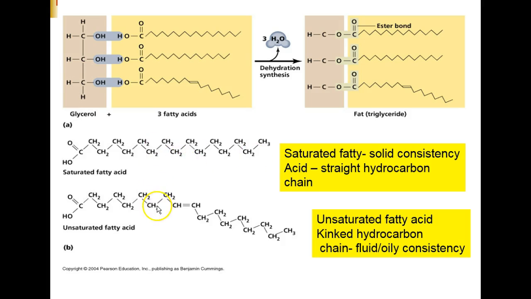Notice that the fatty acids in a triglyceride molecule can be of one of two forms. They can be saturated fatty acids or unsaturated fatty acids. Saturated fatty acids consist of chains of carbons bonded to as many hydrogens as the carbons can chemically hold.